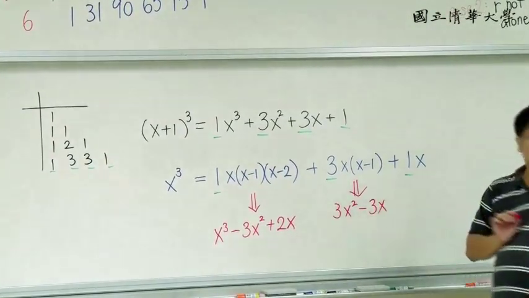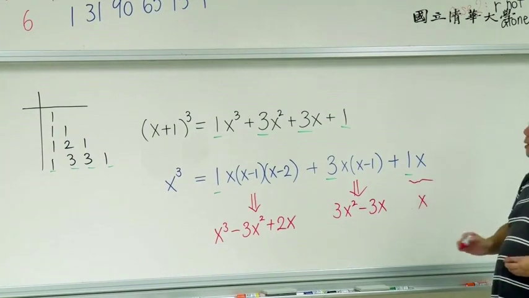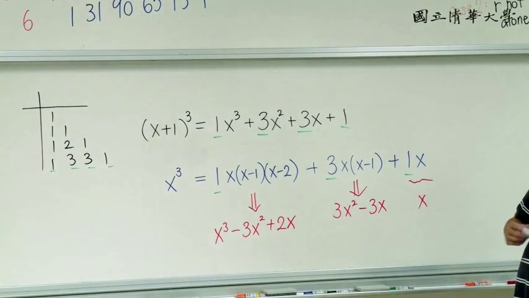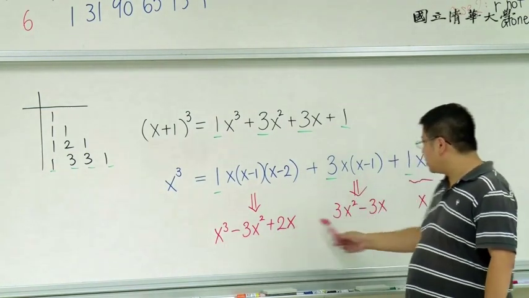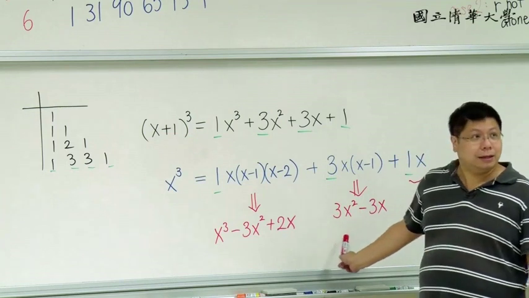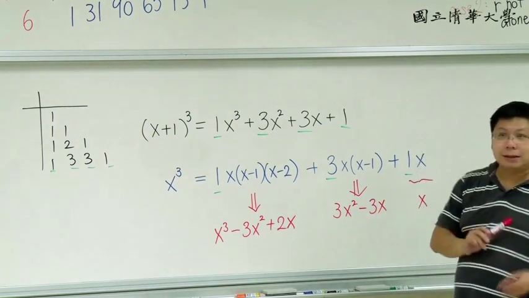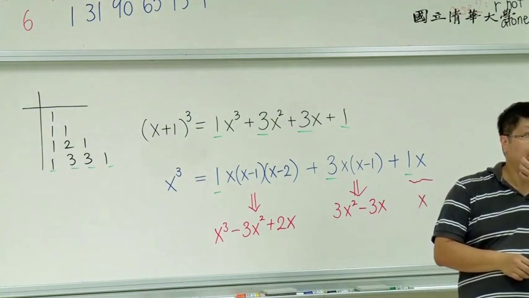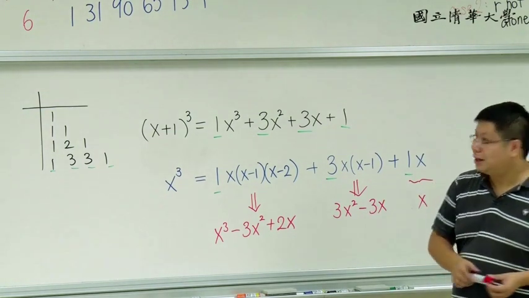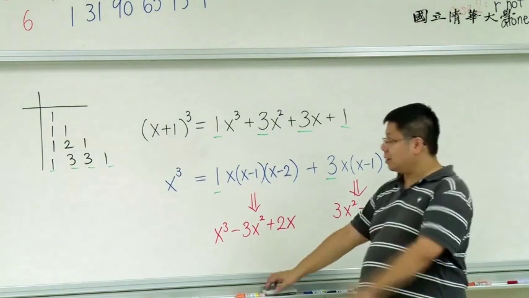And then this is just x. So if we double check, we have x cubed there, and then minus 3x squared, and 3x squared cancels, and then plus 2x minus 3x plus x also cancels. Is that okay?